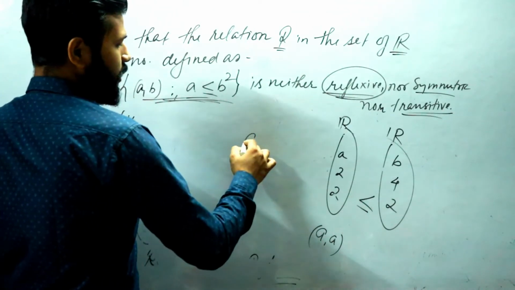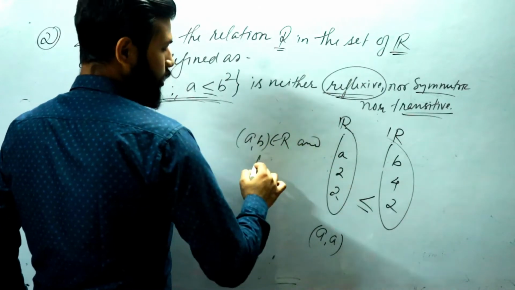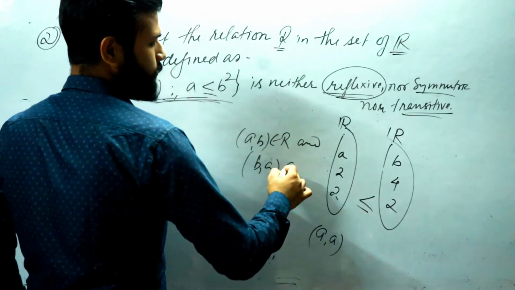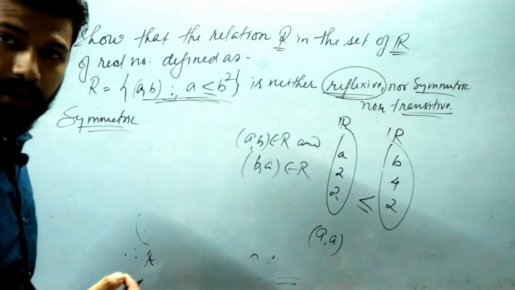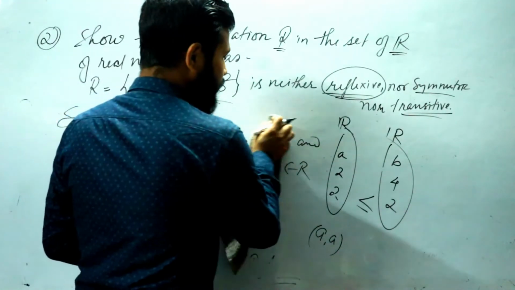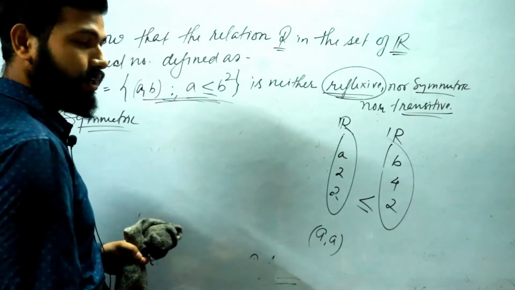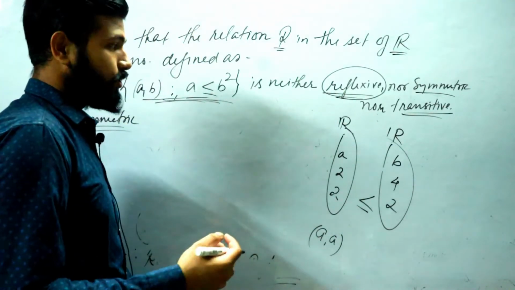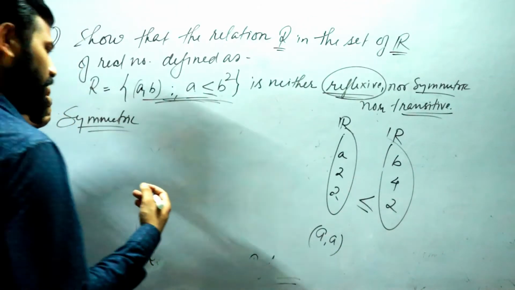Symmetric means that if A comma B belongs to the relation and B comma A, the reverse, is also present in the relation, then we can say this relation is symmetric. As the question says, we have to prove that it is not symmetric. So what do we have to consider? Now let us see, it's very interesting. Let us use a common trick.